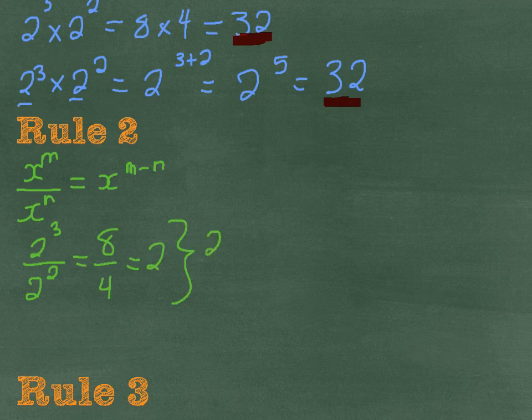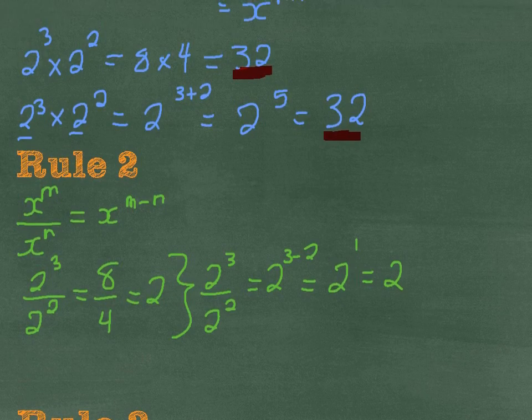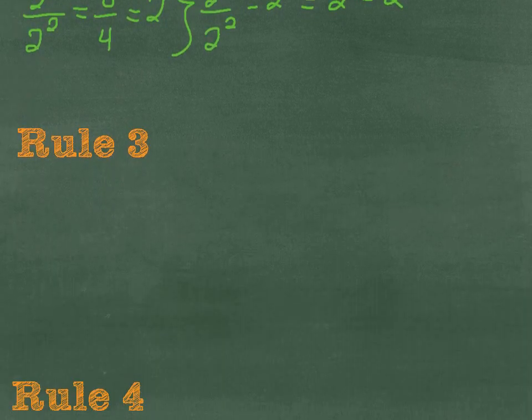If we do 2 to the power of 3 over 2 to the power of 2, our rule states if we have the same base, we subtract the exponents. And we get 2 to the power of 1, which is just 2. It's the same answer that we got without doing any of the steps. Okay, so that's the second rule. So again, dividing, same base, you subtract. Multiplying, same base, you add the exponents.